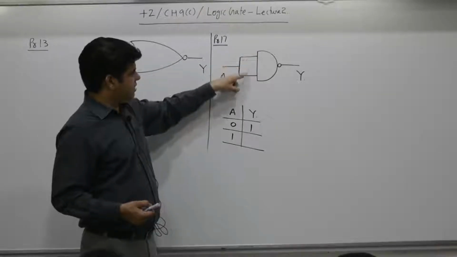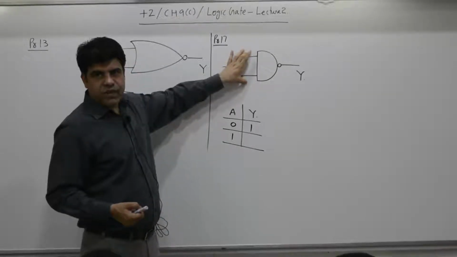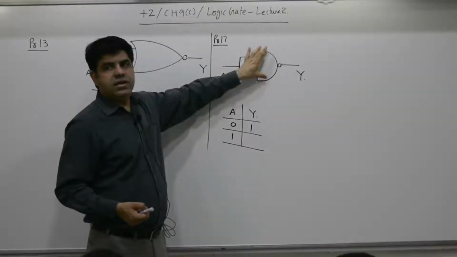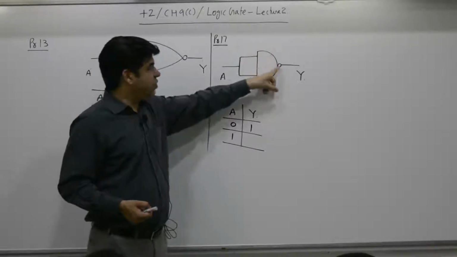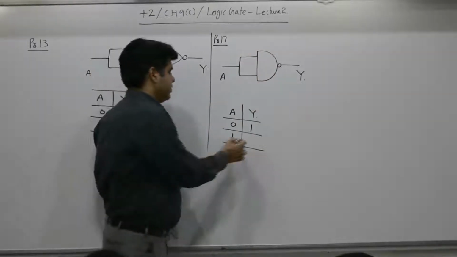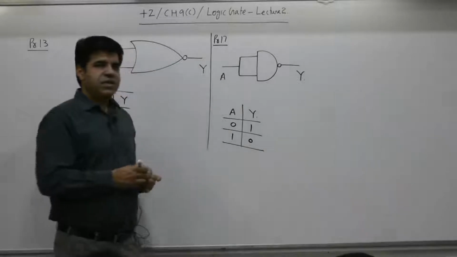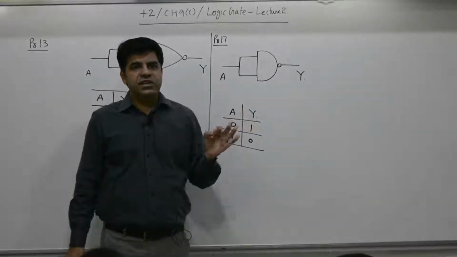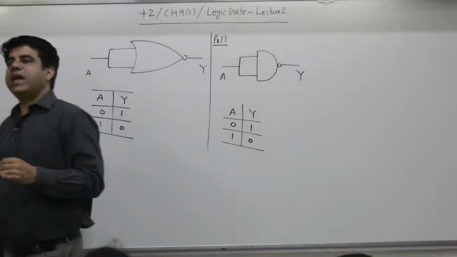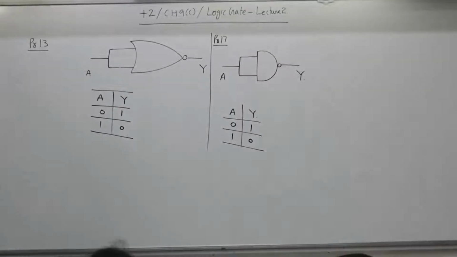Here also it is 1. 1 ANDed with 1 is 1. Then NOT operation gives 0. So, if you short circuit the 2 inputs of a NAND gate, even then you get a NOT gate. Okay? The need for this we will discuss.